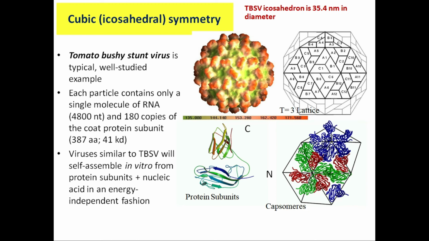And these viruses will self-assemble in vitro from protein subunits and nucleic acids in an energy independent fashion. So if the protein subunits and the nucleic acid molecules are kept separately, then they can self-assemble. Okay, so this is the icosahedral symmetry or cubic symmetry.